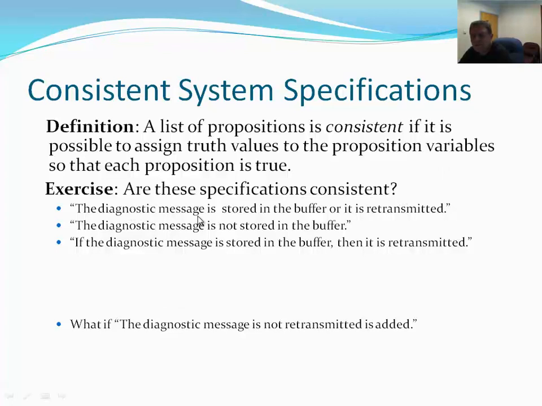The diagnostic message is stored in the buffer or it is retransmitted. The diagnostic message is not stored in the buffer, meaning it is retransmitted, or it is retransmitted. If the diagnostic message is stored in the buffer, then it is retransmitted. All right? We have three ways of saying what we just said here.